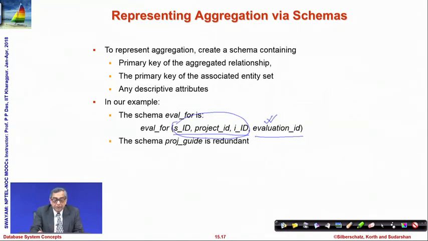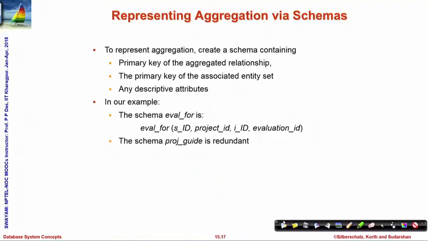This is the process through which we decide to have this schema represent all the required information. Naturally, if the evaluation is not done, then the evaluation ID in eval_for will not exist, and that will be a null, showing that it is not present right now.